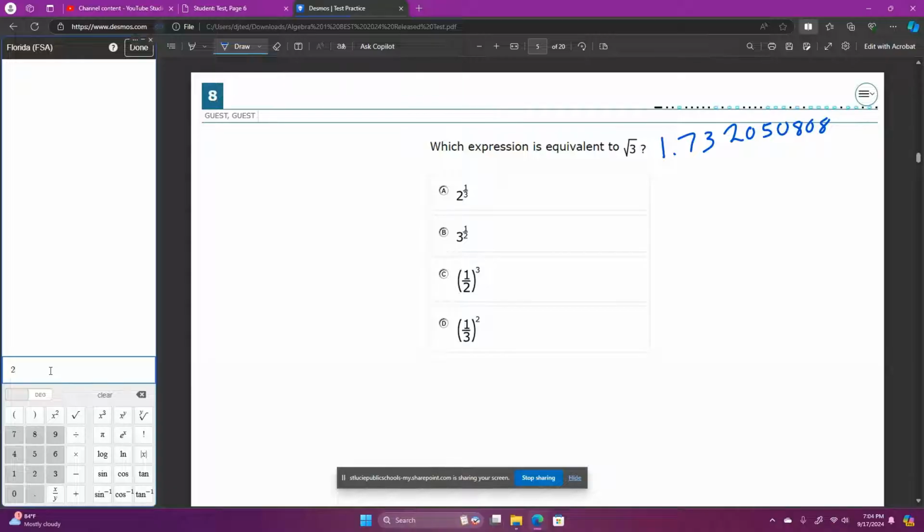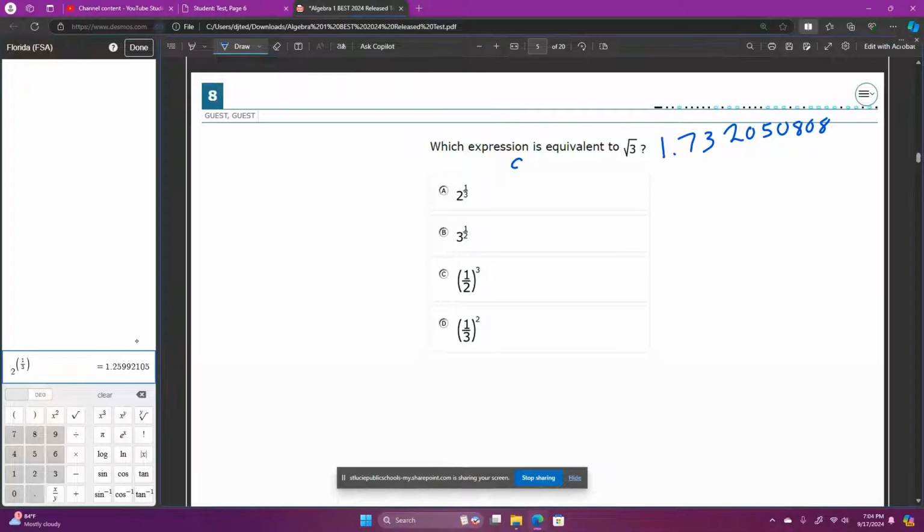We got 2. Here's your 2 to the power of button. 2 to the power of 1/3. Not a match by the calculator. 3 to the power of 1/2.